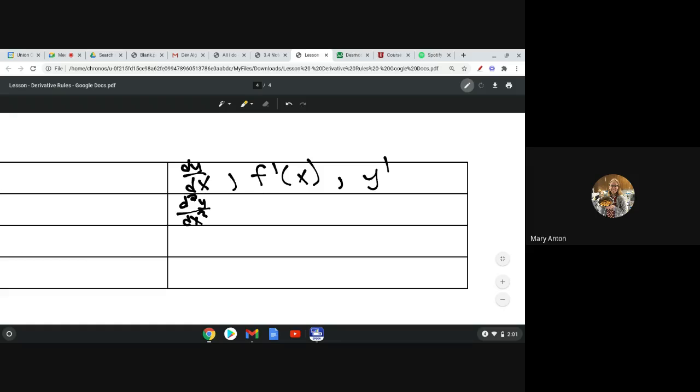Why do you think those little squared symbols are in different places? Like, why didn't they just write dy squared over dx squared? Because you're squaring the derivative.